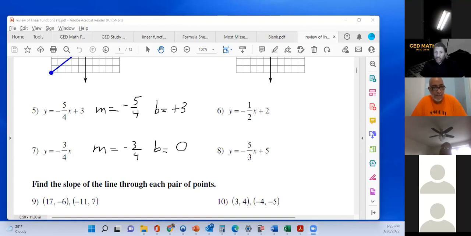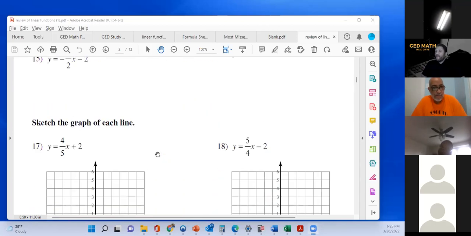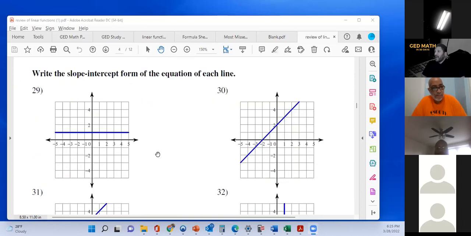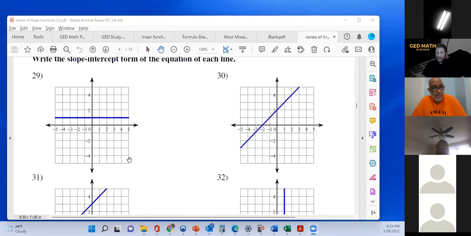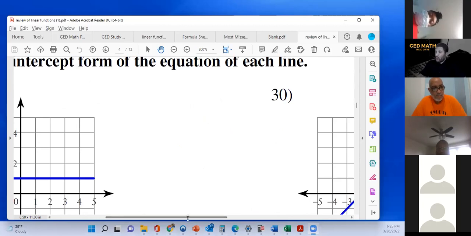Okay. So instead of doing these last two, I'm going to go to another graph. What we're going to do is figure out the equation of the line. We're going to figure out the slope, the y-intercept, and then the equation of the line.